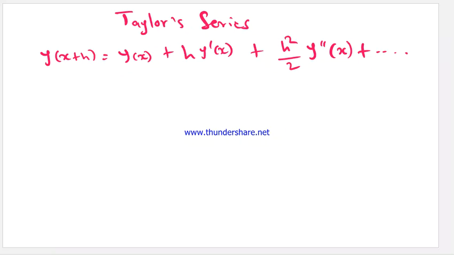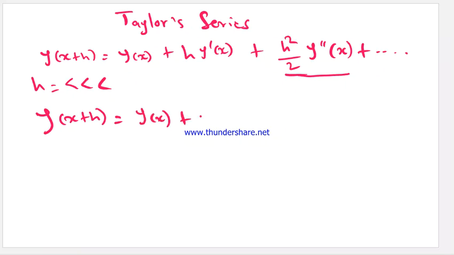If you choose the step size h to be very small, the higher powers of h become very insignificant, making those terms closer to 0. As a result, we can have an approximate value for the series, meaning y at the x plus h position is equal to y(x) plus h y prime(x).